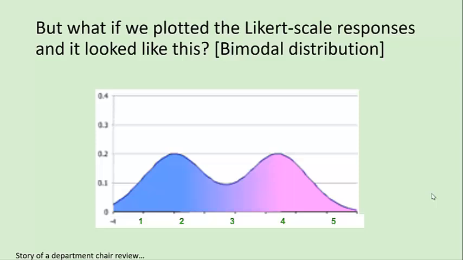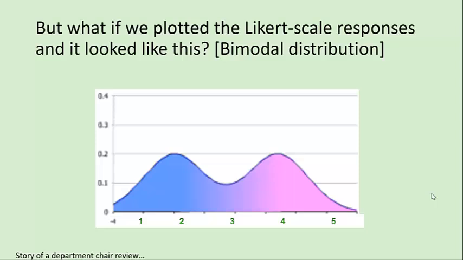But when you read the qualitative comments, a 3.5 really didn't make sense, because there were glowing comments about how Doug always left you alone, you could do whatever you wanted. Then there were other comments saying Doug was a pain because he never supported you when something happened and there was a problem with a student. So I asked, can we plot the responses from our faculty for this Likert scale survey?